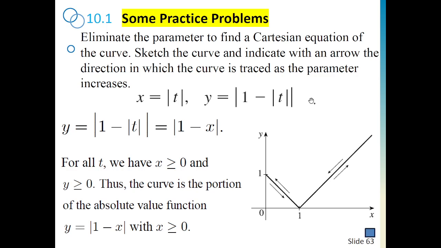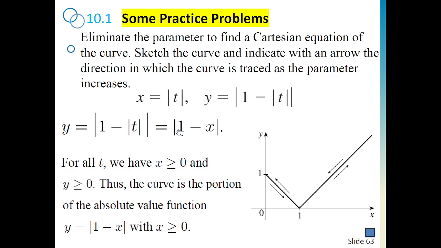Obviously we can replace the absolute value of t by x, so we get an expression like this. So the absolute value is always positive, so our y will be 0 and bigger, and here x also will be 0 and bigger. So essentially we get an expression like this, in which x is positive and y is positive.